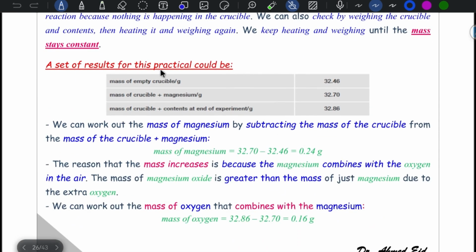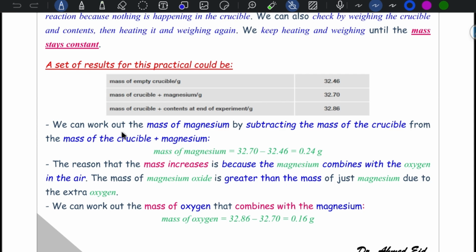A set of results for this practical could be: empty crucible 32.46, mass of crucible plus magnesium 32.70, so by just subtracting this from this gives the mass of magnesium. Mass of crucible plus contents at the end of the experiment 32.86, just subtracting this one minus this one gives the mass of oxygen.